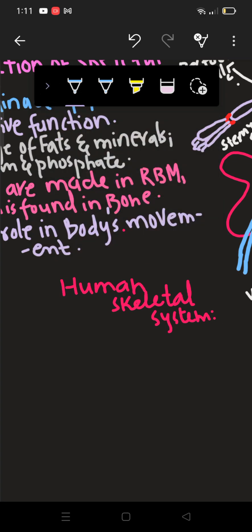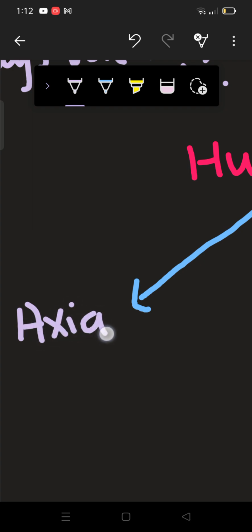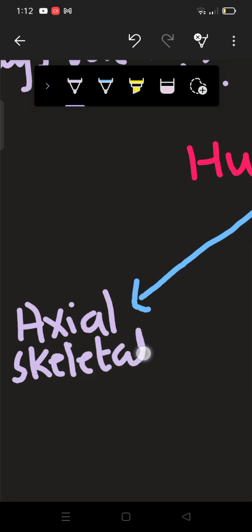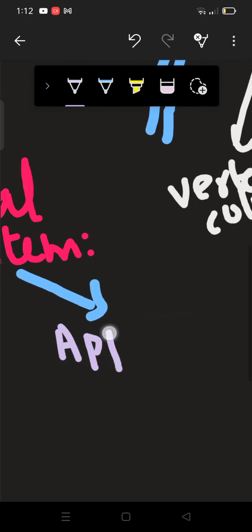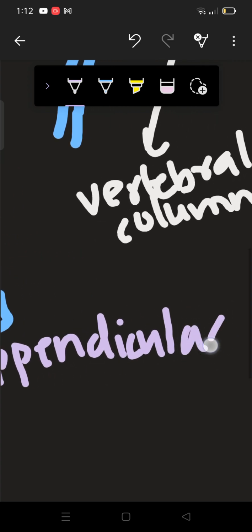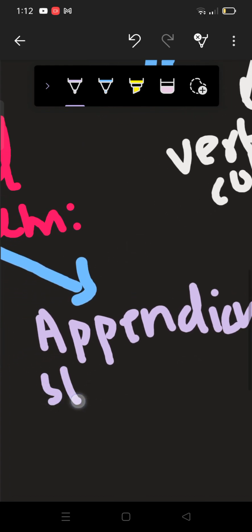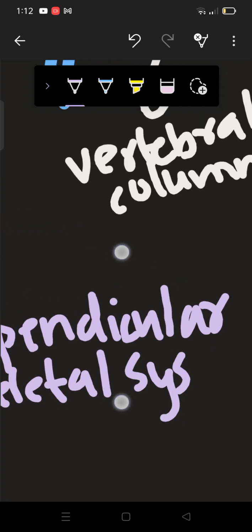First one is the axial skeletal system. And the second one is the appendicular skeletal system. All right.